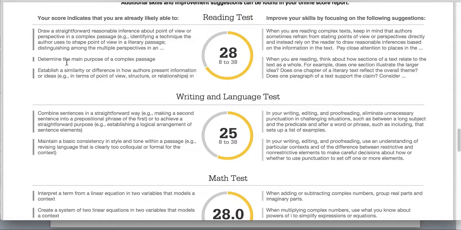So there are a lot of different comments that the test might give. However, it's going to try to find some that match how the student performed. You can see the same for writing and math. You can see it for your own test as well. Some of the tips are helpful, at least good to get an awareness of where you were weaker in terms of which categories you performed worse in.